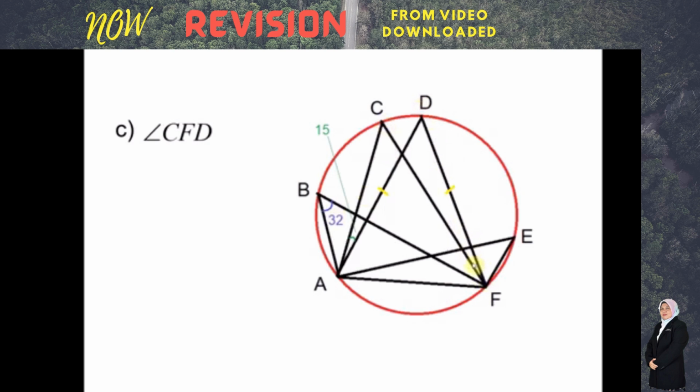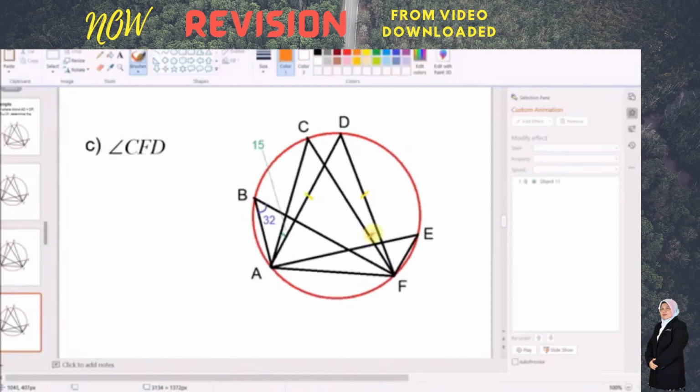C. CFD. This time it is this angle here. You can see that this angle is the angle at the circumference of a circle subtended by the arc CD.